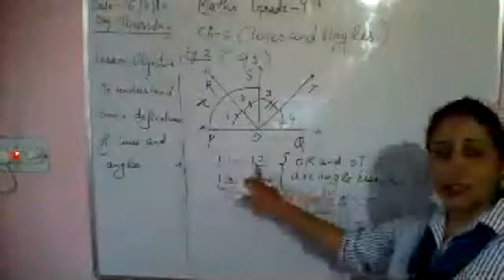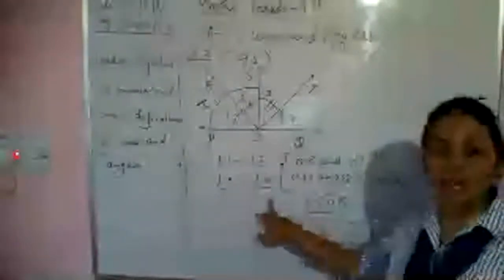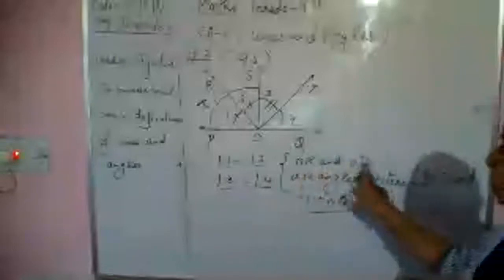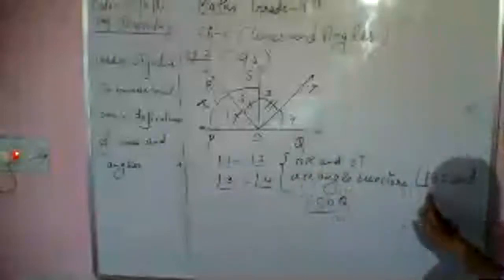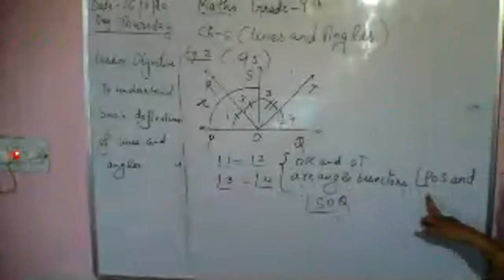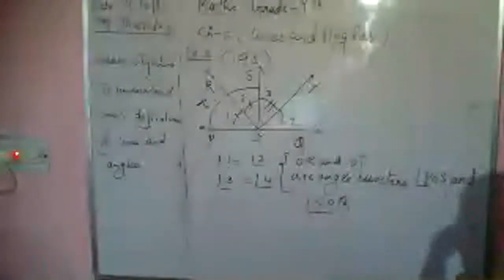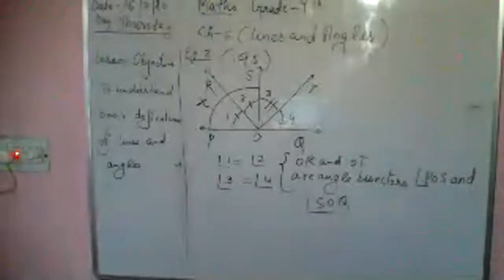Angle 1 is equal to angle 2, angle 3 is equal to angle 4, because OR and OT are angle bisectors of angle POS and SOQ. Clear? Written up till here?